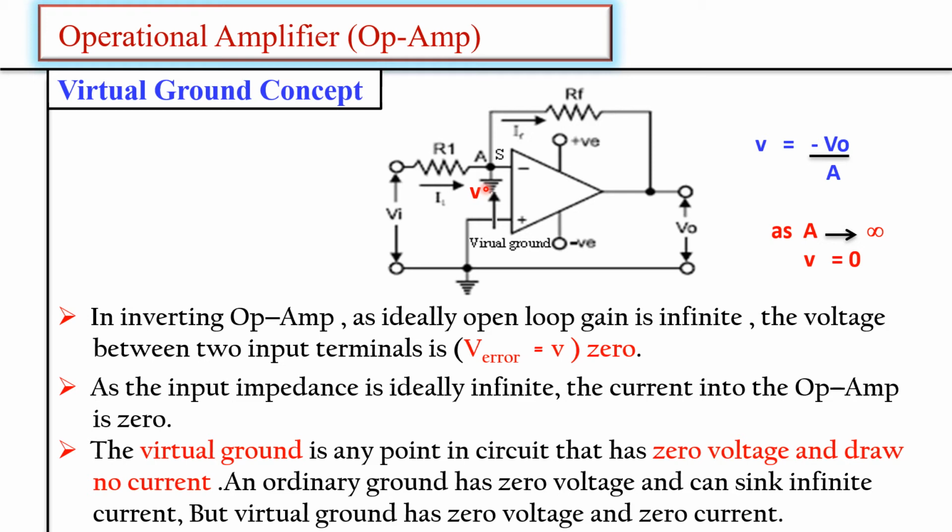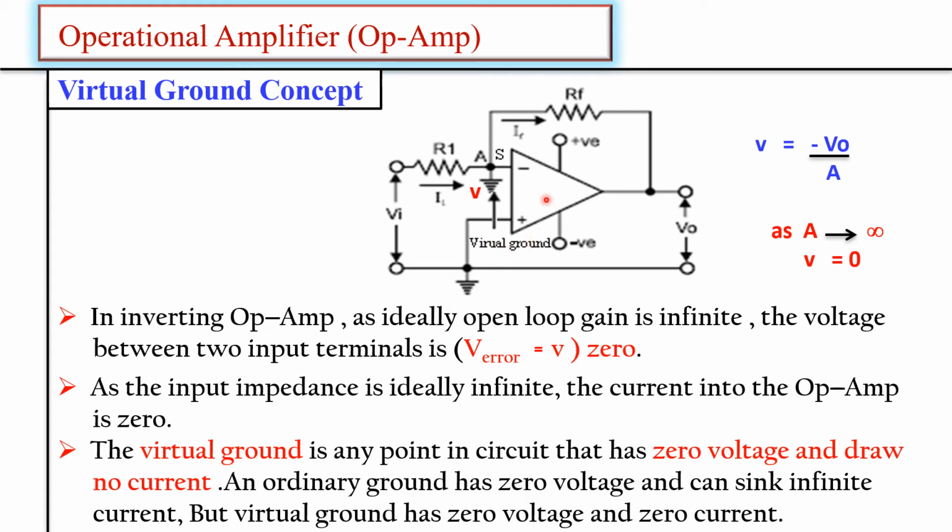Now here the differential input voltage is nothing but the difference between the inverting and the non-inverting input terminals. So we can say that the differential input voltage, V plus minus V minus, is equal to 0.